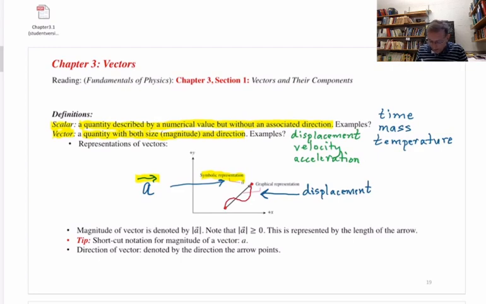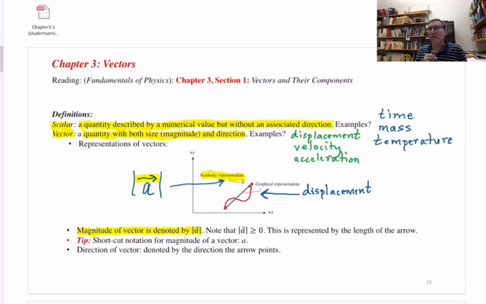So let's talk about how you represent magnitude. The magnitude of a vector, here's one way to denote it. It's not the only way. You take the vector symbol, in this case the A with the arrow on top, and you put absolute value symbols around it.